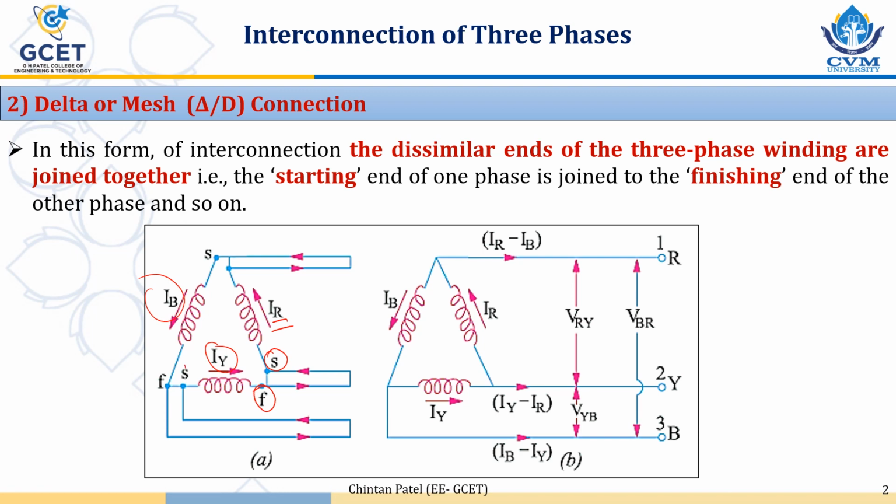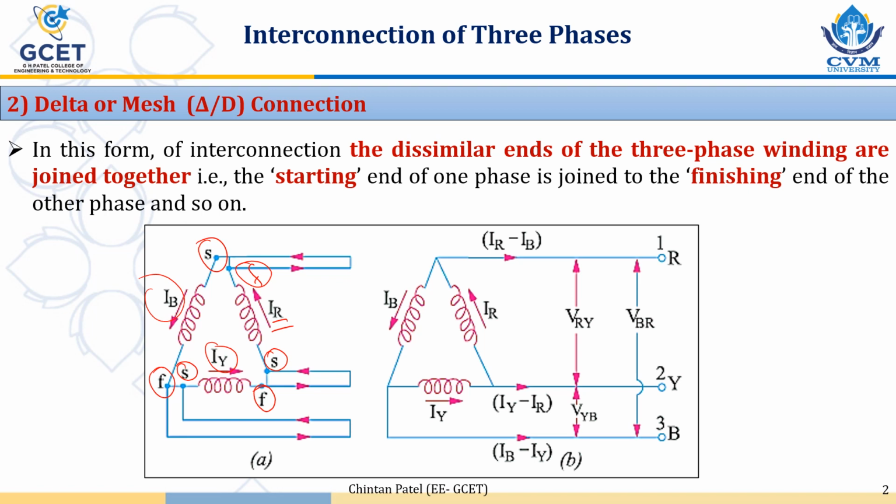Starting end of Y phase is connected with the finishing end of B phase, and starting end of B phase is connected with the finishing end of R phase. In this manner, we have a delta connection. So if we simplify the network, we will have the diagram like figure B.